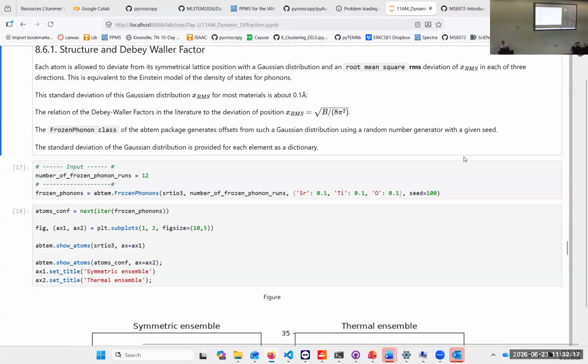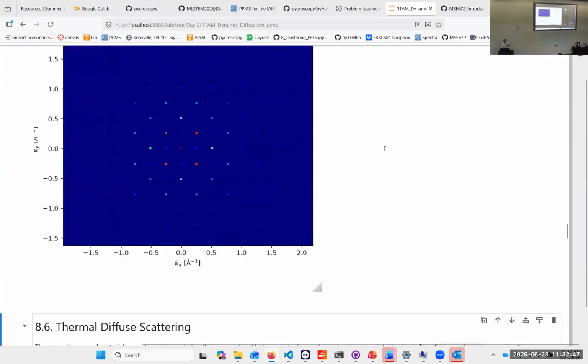Oh, do I have things in the kinematic pattern? Well, kinematic pattern don't exist. Maybe I didn't check. Okay, pendulums. What about the simulation of kinematic pattern? There is no kinematic pattern, more or less, in electron microscopy, except if you make it very, very thin.